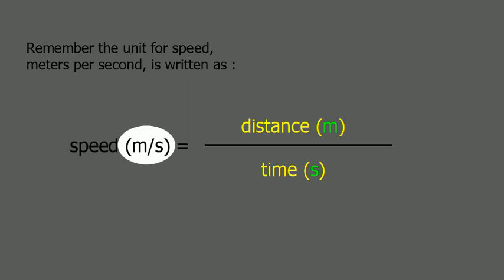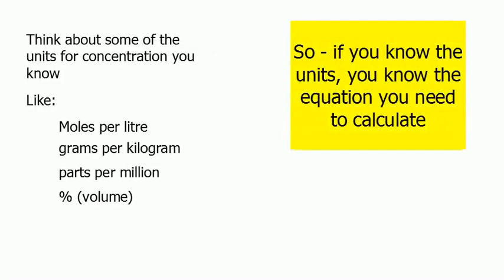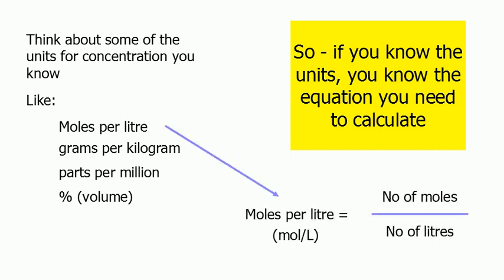This is true for all equations, so whilst we've worked it out for speed here, we can apply it to concentration easily. So as with speed, for concentration, if you know the units, then you already know the equation you need to calculate. If your concentration is in moles per litre, then you need to divide the number of moles by the number of litres.